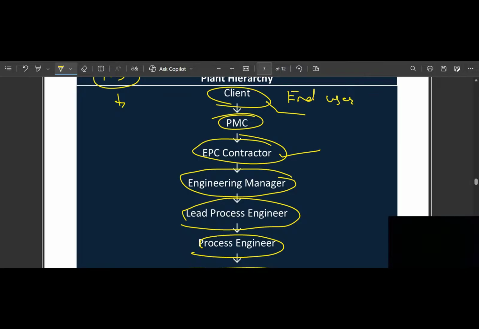And third one is licensor. Okay, who provides technology. Okay, so most of the people, they want to work in EPC. Okay, EPC like what? Worley, Toyo, KBR. Okay, these are giants. Okay, SBM Offshore. These are the EPC contractors. Okay, and people want to work over there.